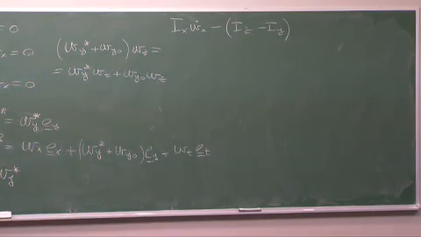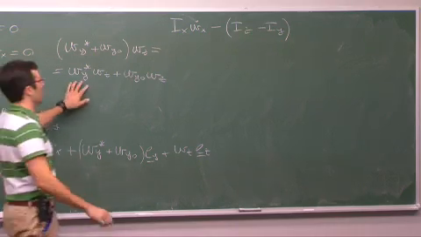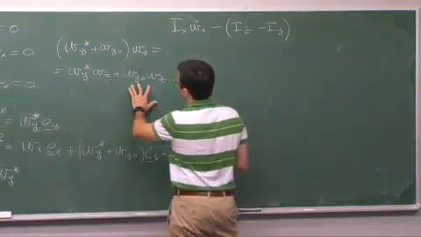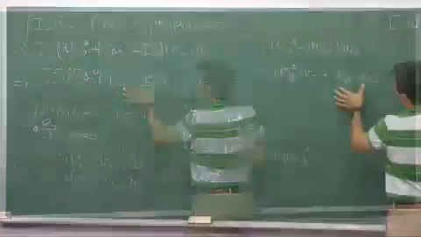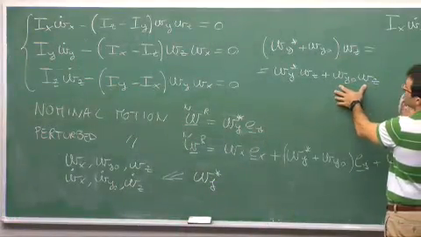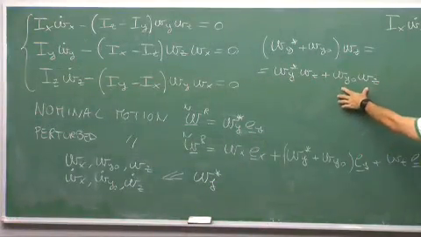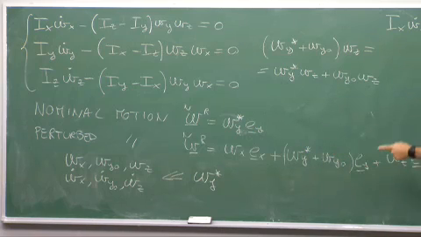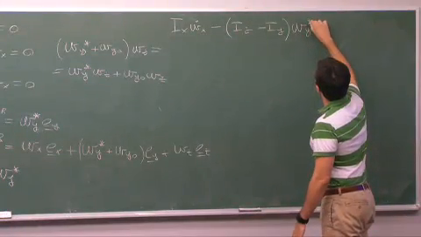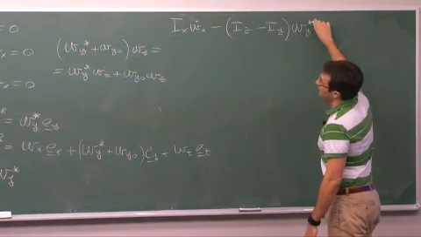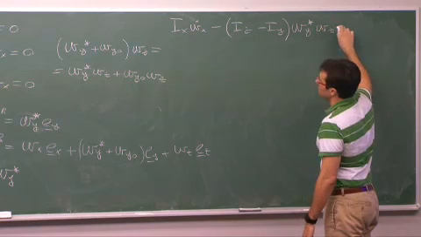Which of the two survives? The left one. This is the one I want to keep. This is a higher order than this. It's actually much, much smaller than this, because this is multiplying two of the perturbations, which I said are much smaller than omega y star. So I only keep omega y star omega z. Do you agree?